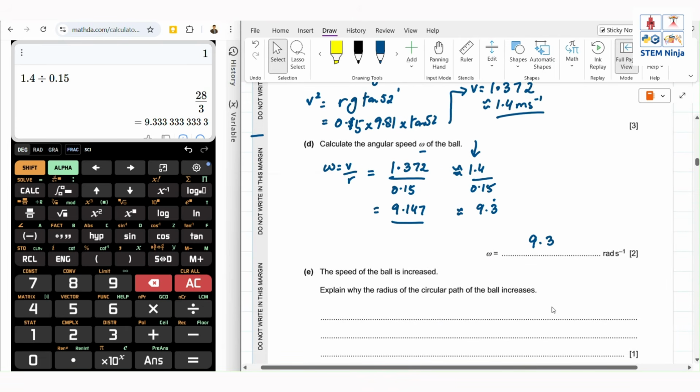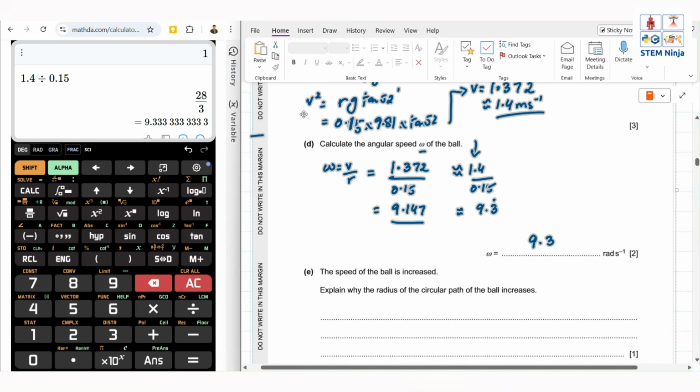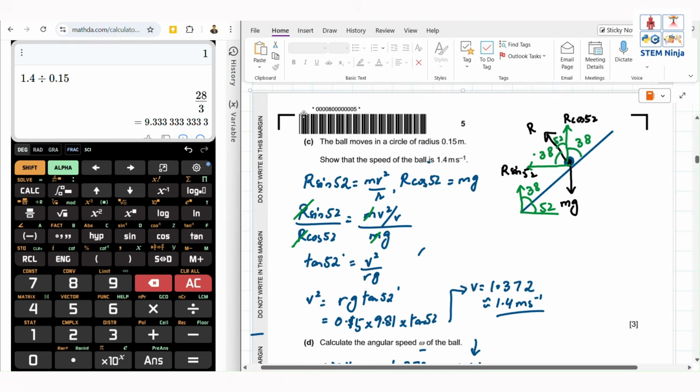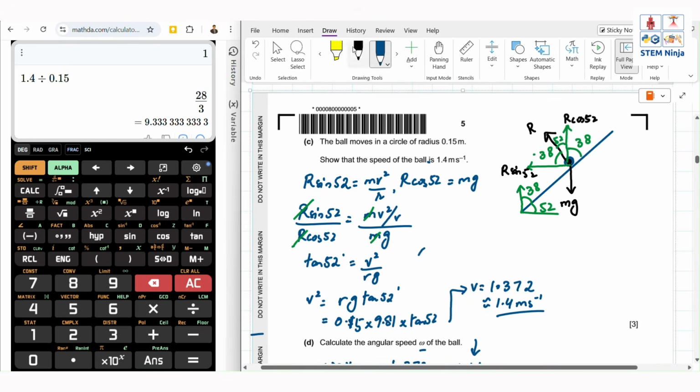The speed of the ball is increased. Explain why the radius of the circular path of the ball increases. Okay, how do we actually make sense of this? If we go above over here, we point out something very peculiar.